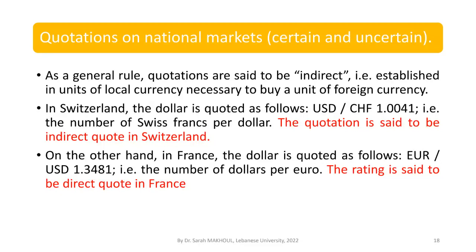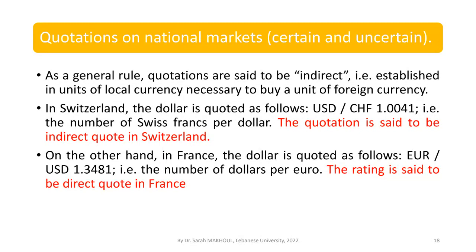So quotations on the national market have both situations. We call them certain and uncertain, also known as direct and indirect quotations. As a general rule, quotations are said to be indirect when they are expressed in units of local currency necessary to buy a unit of foreign currency.